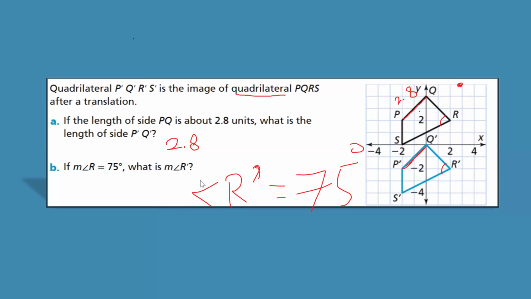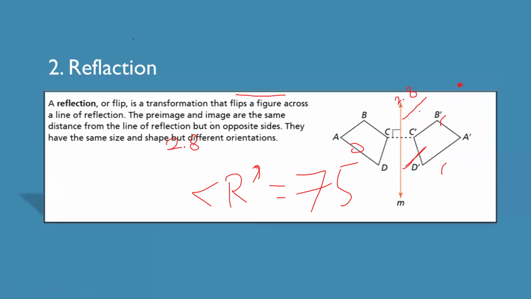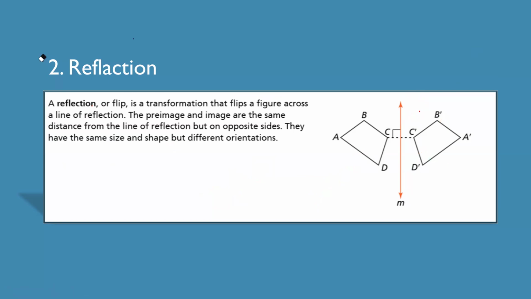So we finish translation. Let's go to reflection. What does reflection mean? Reflection means my figure, my shape, reflects or flips around or across a line. This line we call the line of reflection. Is the line of reflection always the y-axis?